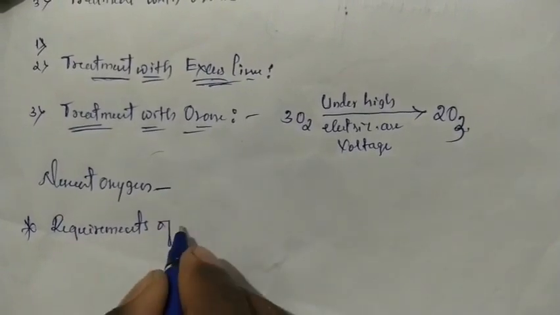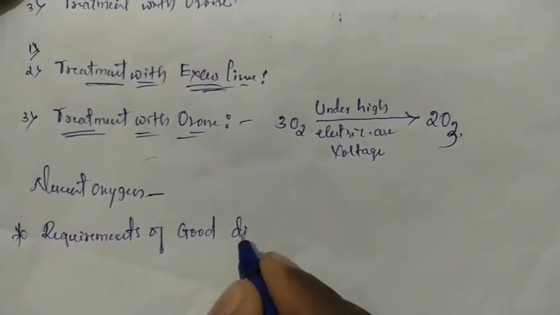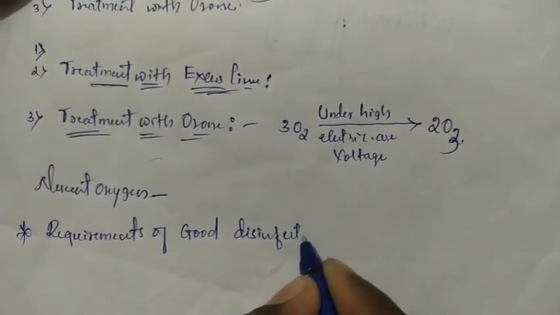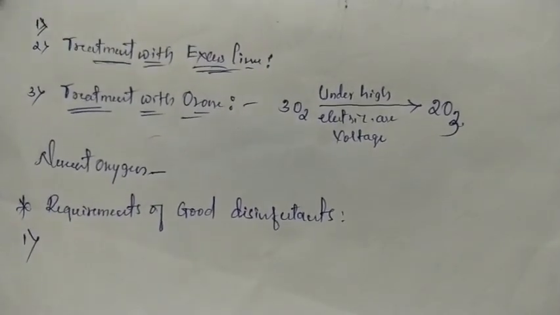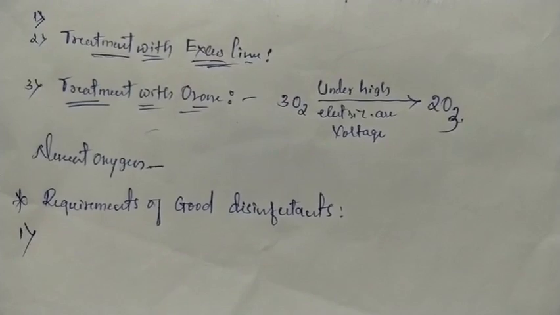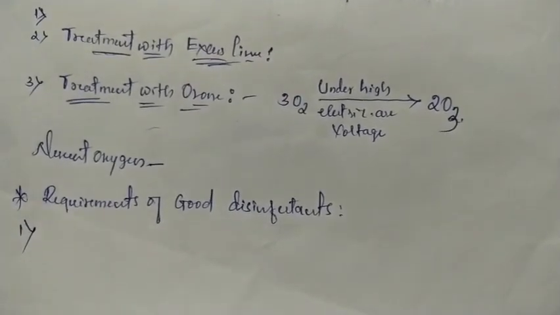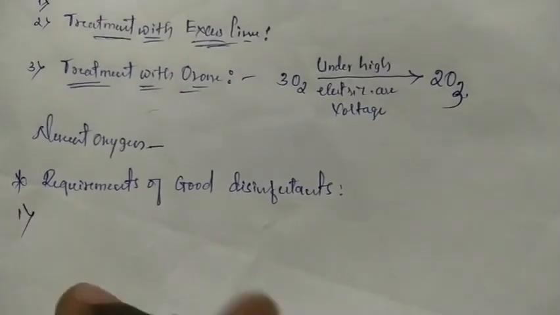Requirements of a good disinfectant. In that, first, whatever material is used as a disinfectant should be capable of destroying all the harmful pathogens and making the water safe for use.